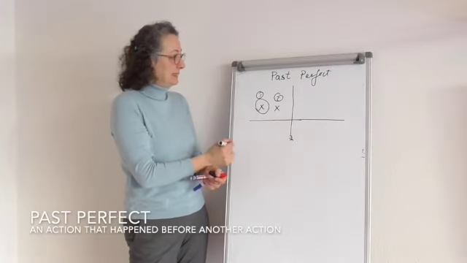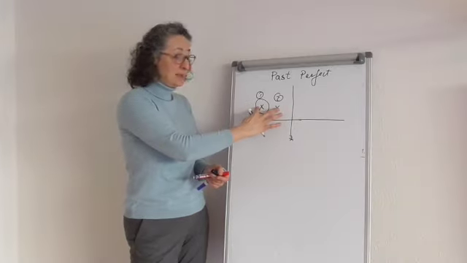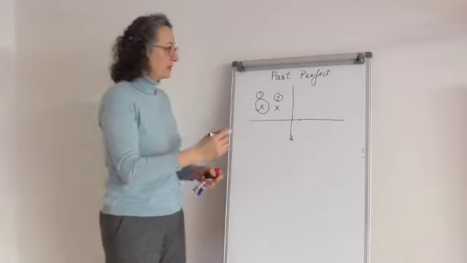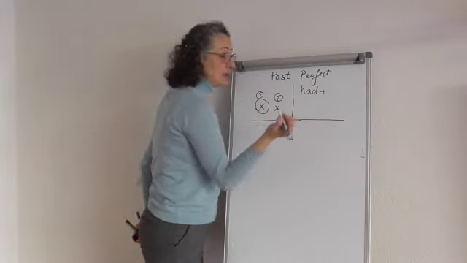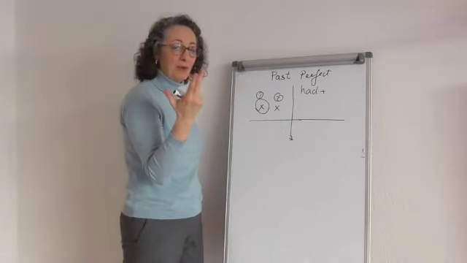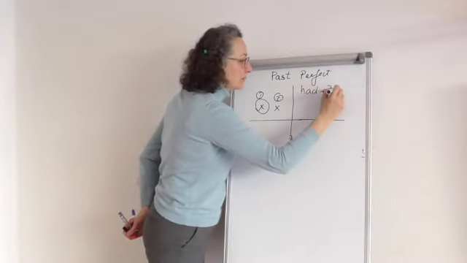That's the only time we need it. So if I want to show that this one happened number 1 and this was number 2, I need past perfect. In order to make past perfect, I need had plus the 3rd form of the verb. So eat, ate, eaten, right? So 3rd form.